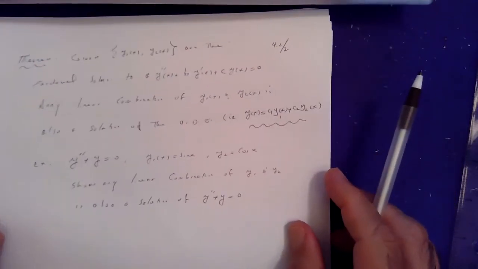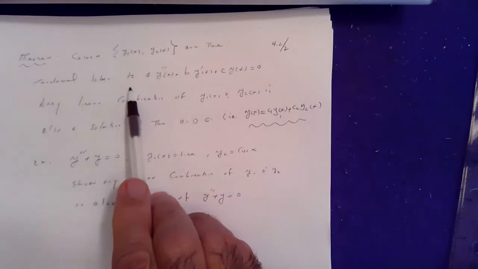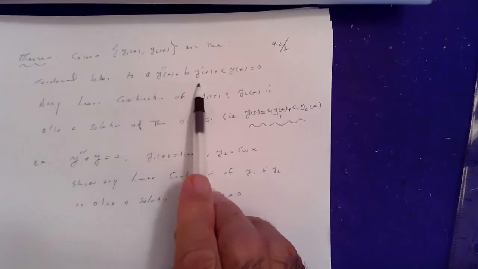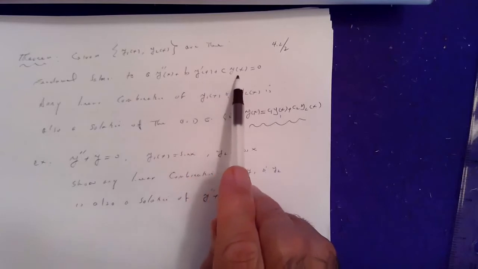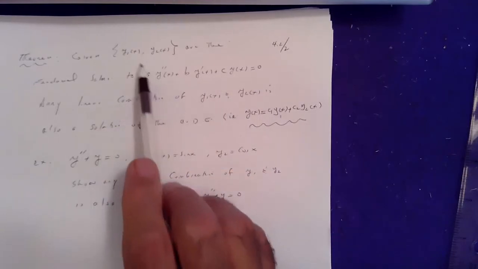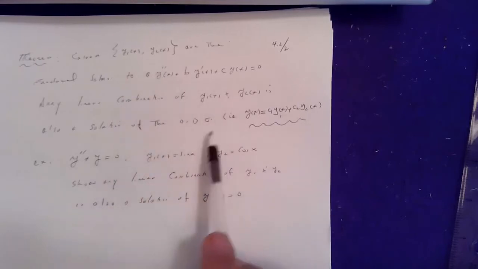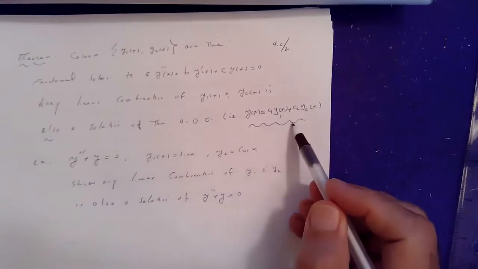So with that, now we can go over the next topic. Given two functions, if they happen to be fundamental solutions to a differential equation, a y double prime plus b y prime plus c y equals 0, any linear combination of these two fundamental solutions is also a solution to our differential equation.